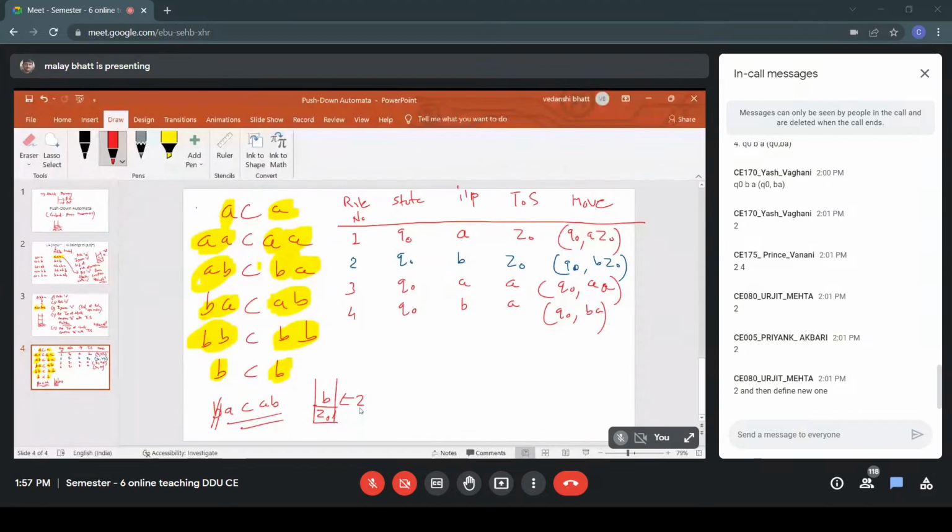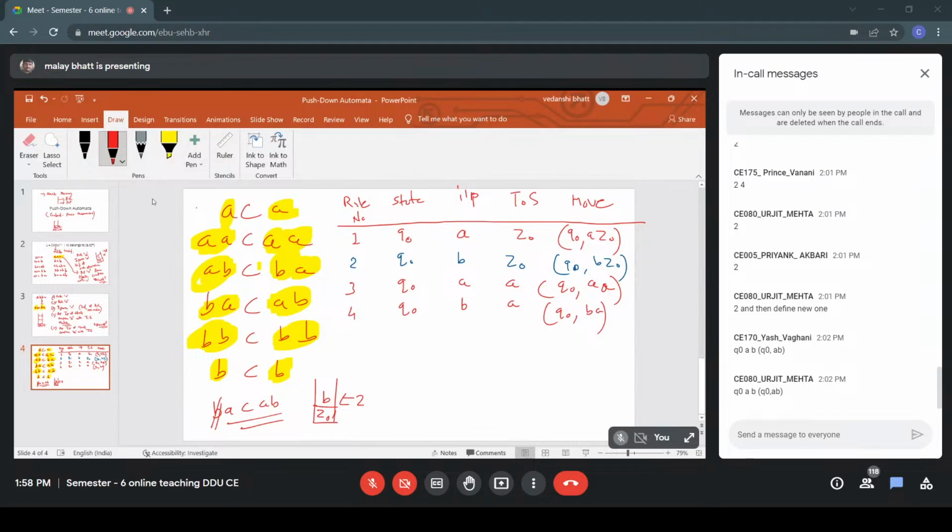Now our next requirement is what? Our input symbol is A and the top of the stack is B. So yes, we have to add one more rule, like what Yash and Urjit have said.